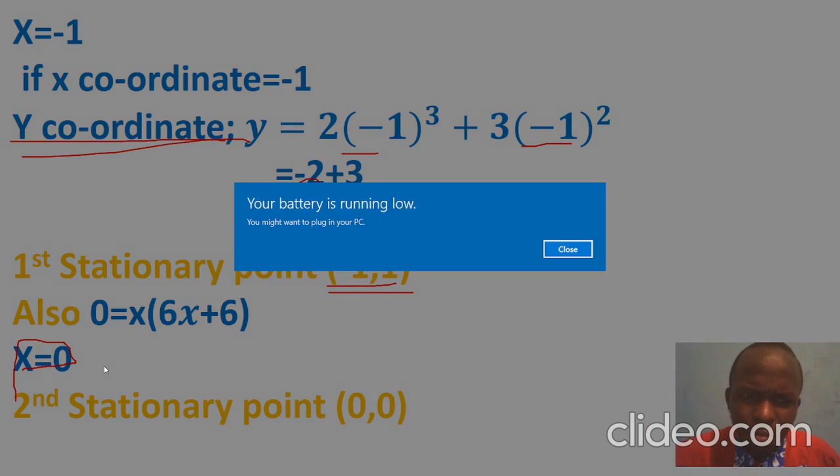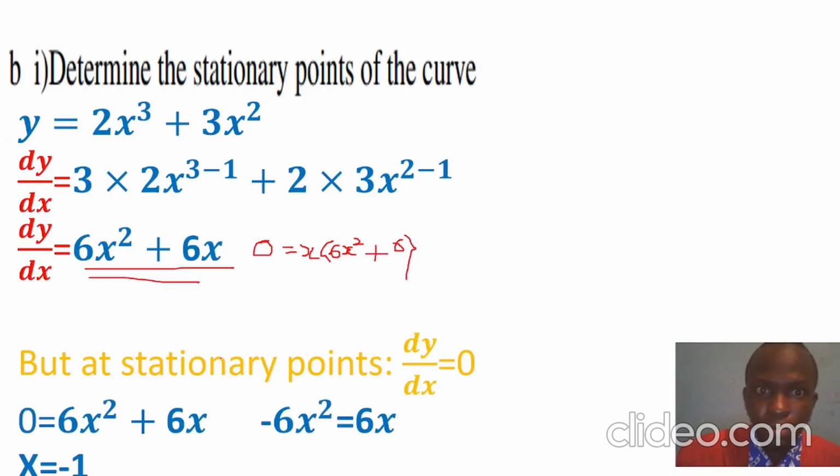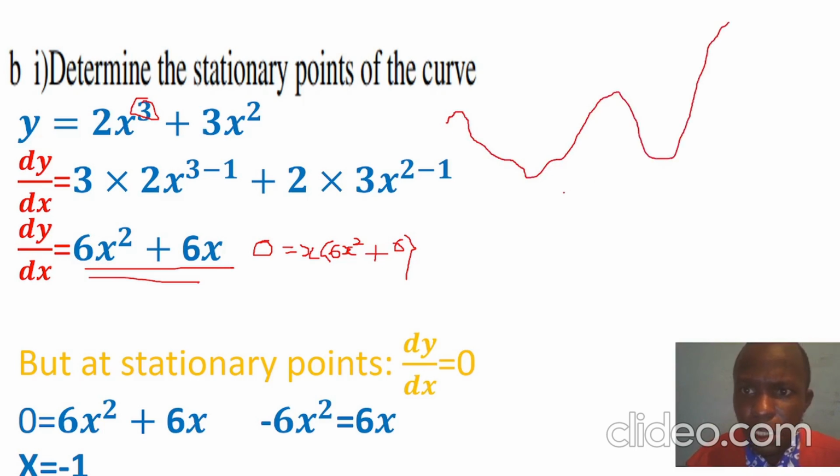But let us inspect the equation and see the kind of equation it is. Because the highest power is 3, this one is a cubic equation. And in most cases, a cubic equation assumes this kind of shape. It has got 2 turning points.